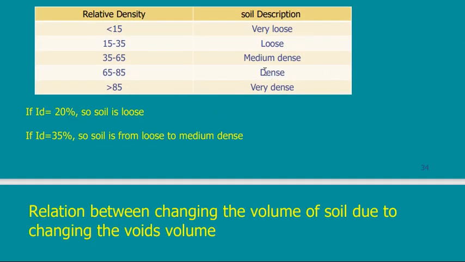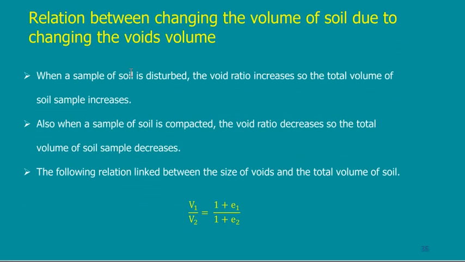So it gives me the description of the sand. Is it compacted enough or not? If I have a relative density of 85 or more, then this soil is very compacted. It is good. But if I have 15, 35, 50, this is not compacted, and it needs more compaction before I put my building on top of it.